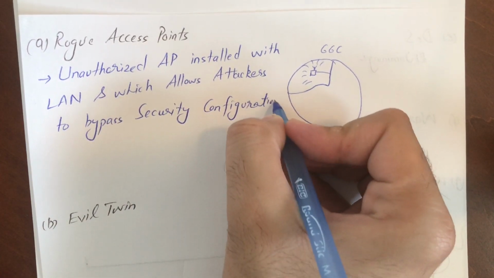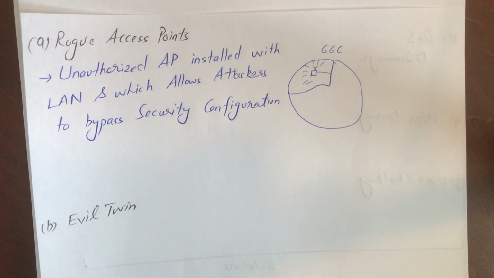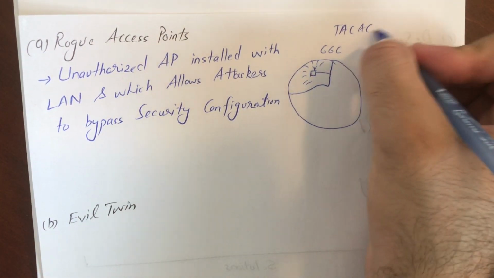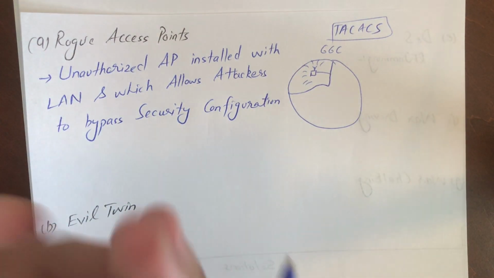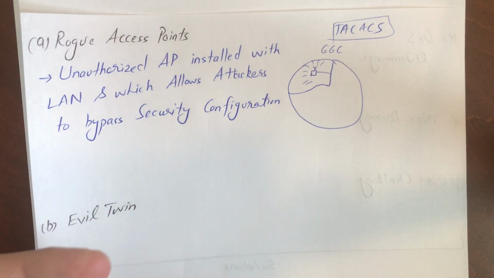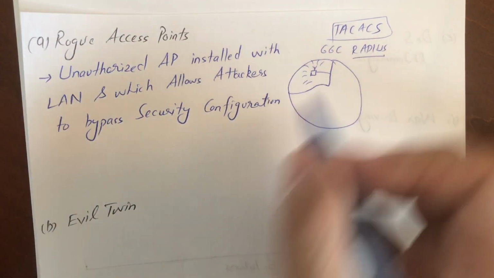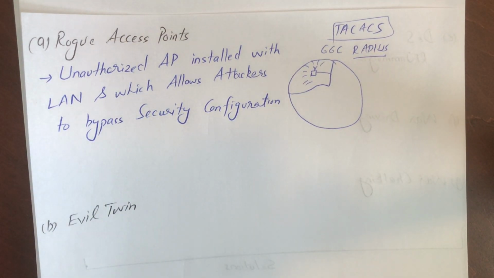Because it's not a legitimate device, I have unauthorizedly connected that device with the Ethernet cable and it has started broadcasting the signal. Unless you use a TACACS system, where we do the device authentication as well whenever you connect a device, if you use RADIUS or SAML or some other access methods, then of course this kind of problem will happen.